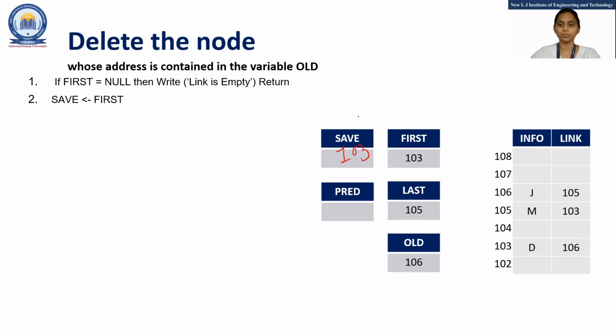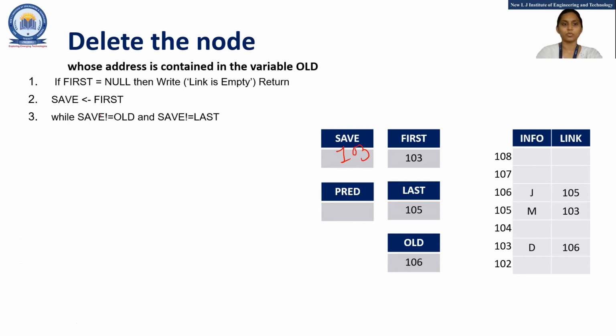Then what will happen? We have to iterate throughout our linked list. We want to stop only when we reach the old location. Old is located at 106. So we want to traverse our linked list till we reach 106, or it can be possible that we reach the last node.